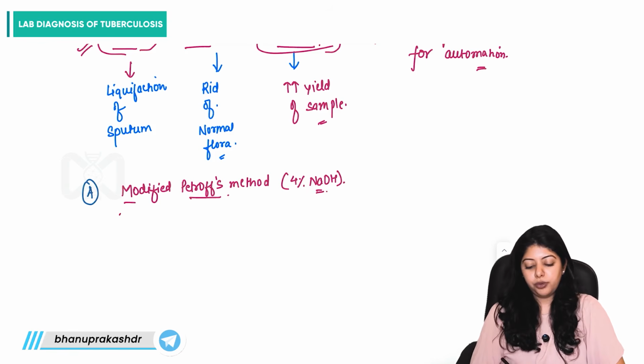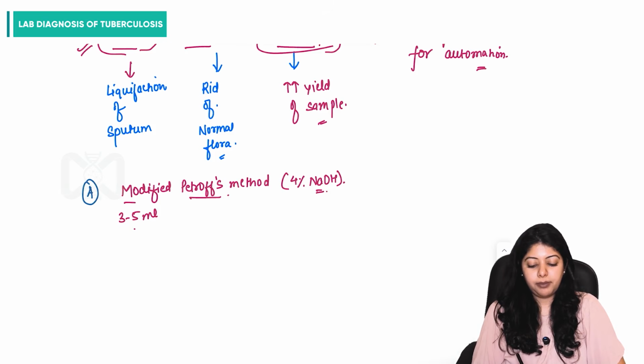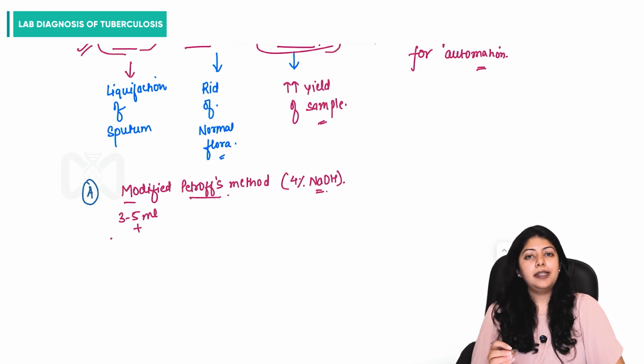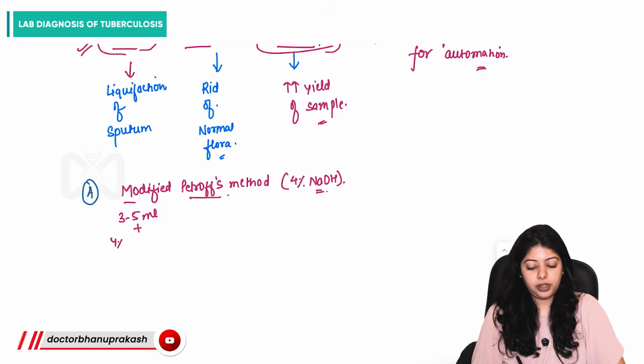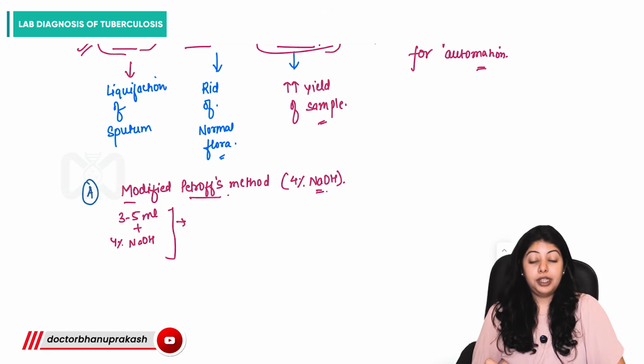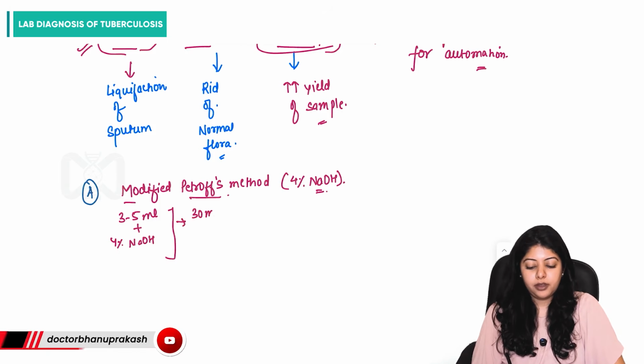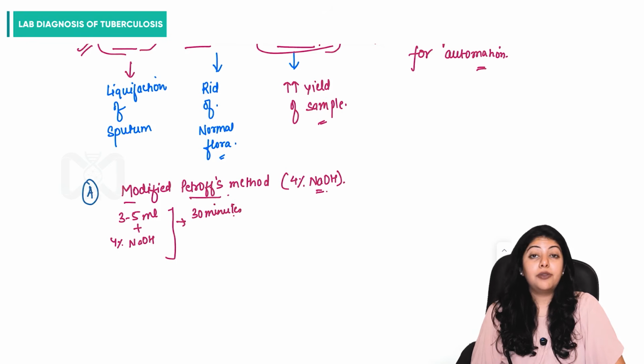We first take around 3 to 5 ml of sputum sample and mix it with an equal quantity of 4% NaOH. We leave it for around 30 minutes in order to liquefy the sample and to kill the normal flora.